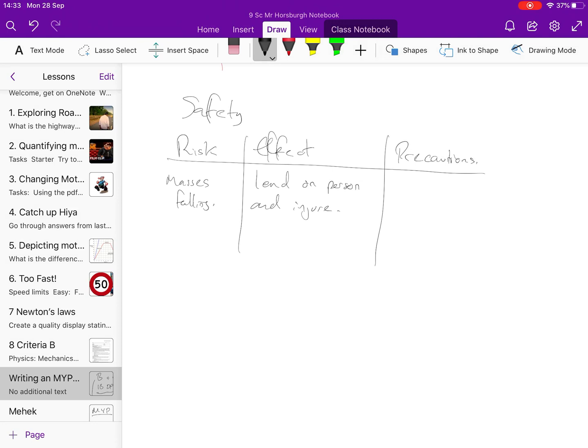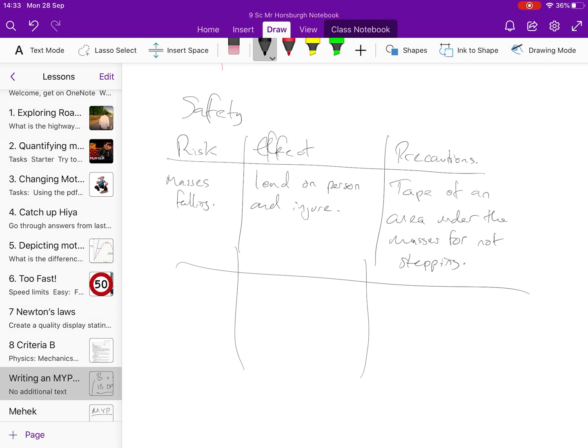One thing you can do is you can tape off an area under the masses for not stepping. Yeah? The ramp might have sharp edges / metal on it.